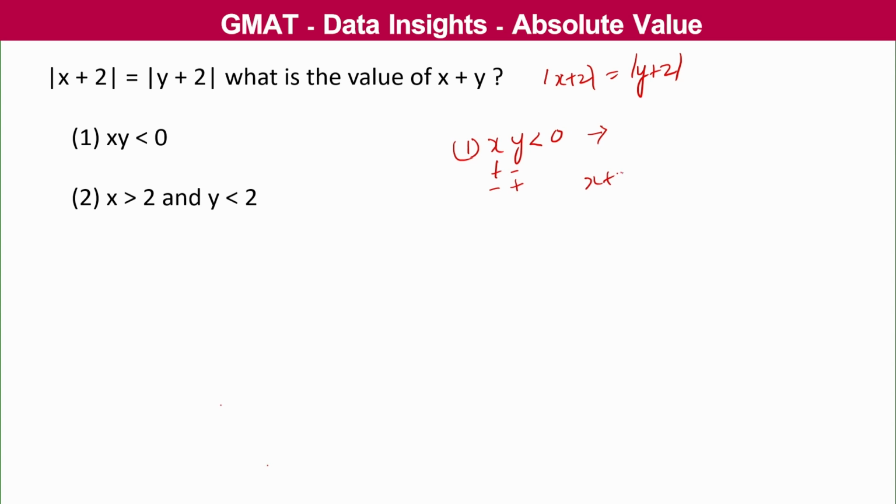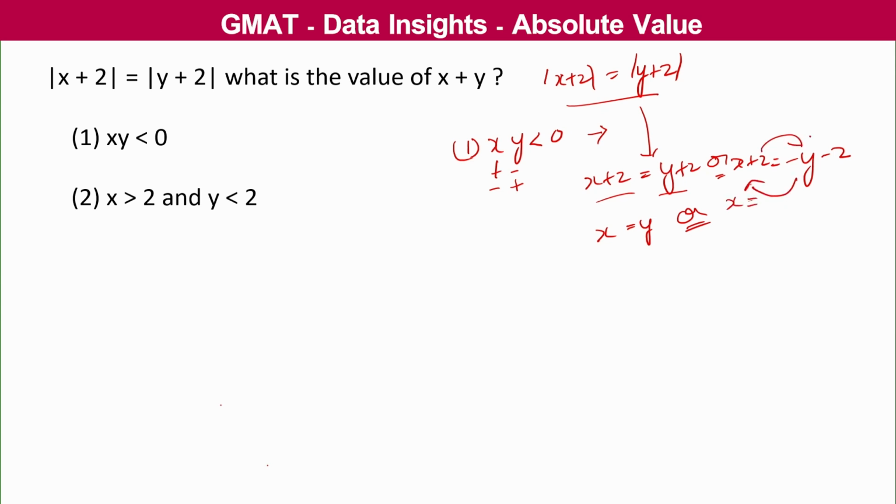So x plus 2 is equal to either y plus 2, or x plus 2 is equal to minus y minus 2. In the first case, x is equal to y, and in the second case, you will have x plus y is equal to minus 4.